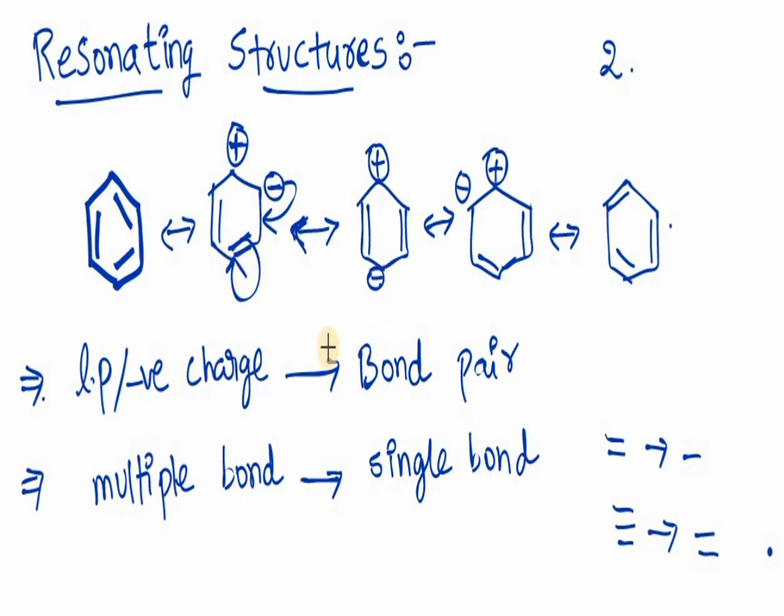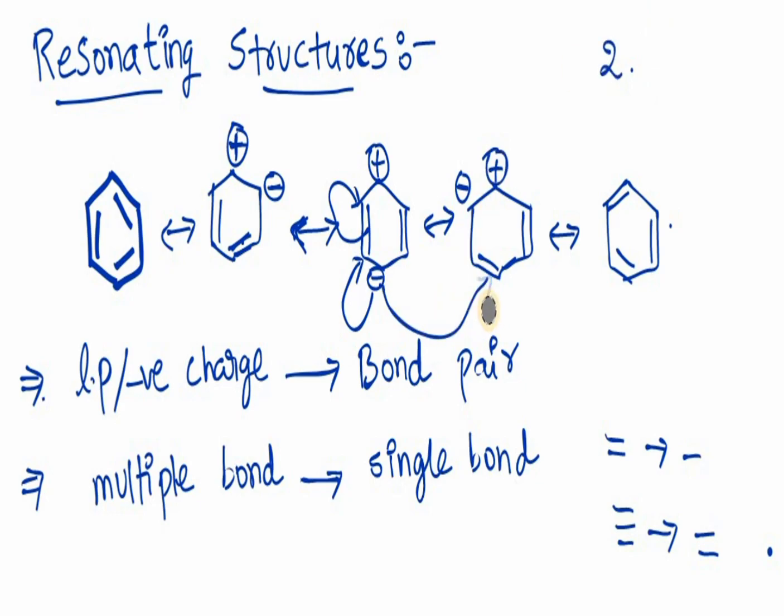Done. So this lone pair is converting into a double bond here. And next, that negative charge is converting into a double bond, and this double bond is converting into a single bond. The same here: lone pair to bond pair, so this multiple bond will form the negative charge here, and this lone pair is forming the double bond here.